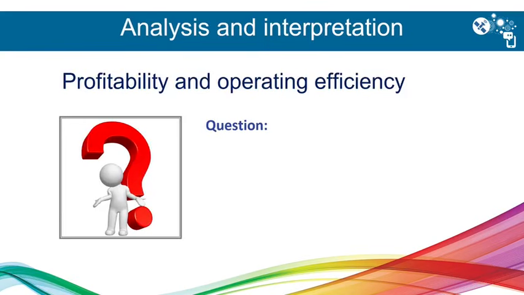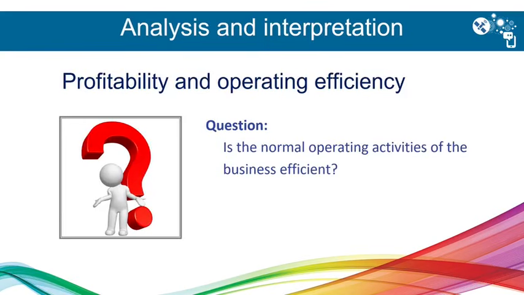First one, the profitability and the operating efficiency. The question that we ask here is: are the normal operating activities of the business efficient? Operating activities, those activities that have to do with the operating of the business, the buying and the selling. Is that efficient?